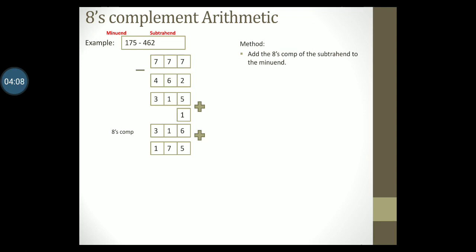Now remember that this addition is in octal. So 5 plus 6 is equal to 11 in decimal, which when you convert to octal gives you 13. So the result of the first column's addition will be 3 with a carry of 1. In the second column we have 1 plus 1 plus 7, which is equal to 9 in decimal, which translates to 11 in octal.